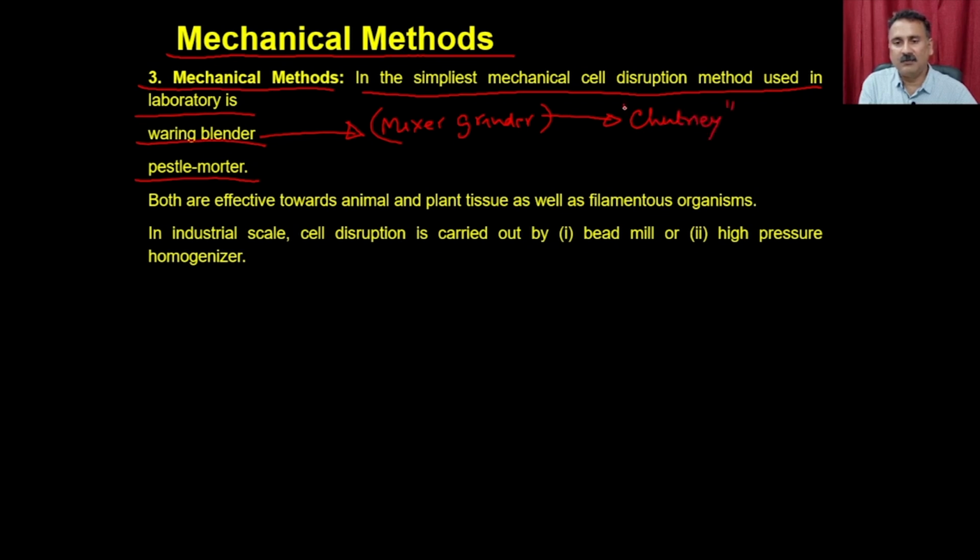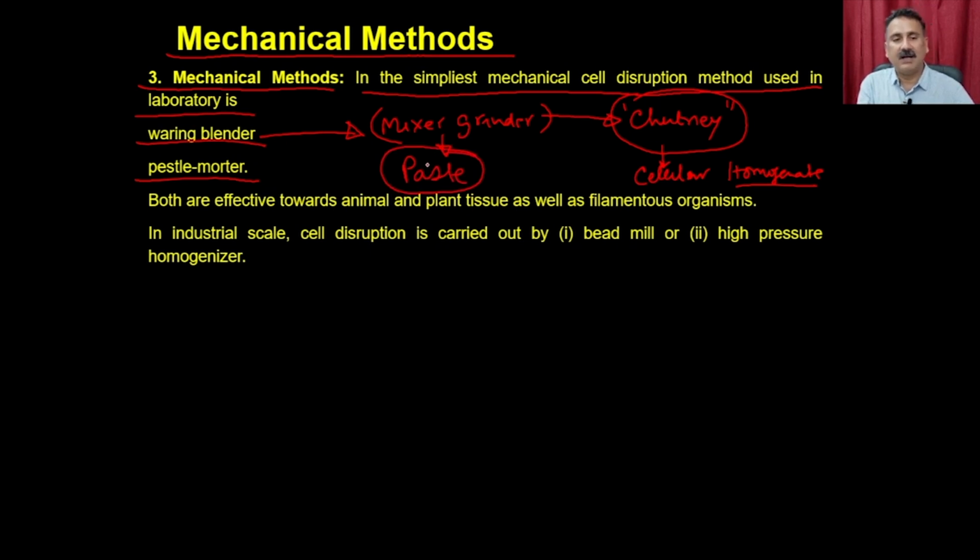When you prepare chutney, it is nothing but a cellular homogenate, because you are taking different types of constituents, like corianders, onions, garlic, and all that, and then you run the mixer grinder, and it crushes all the cells and gives you a paste. That paste is nothing but the cellular homogenate. So it contains all the different types of enzymes and so on.